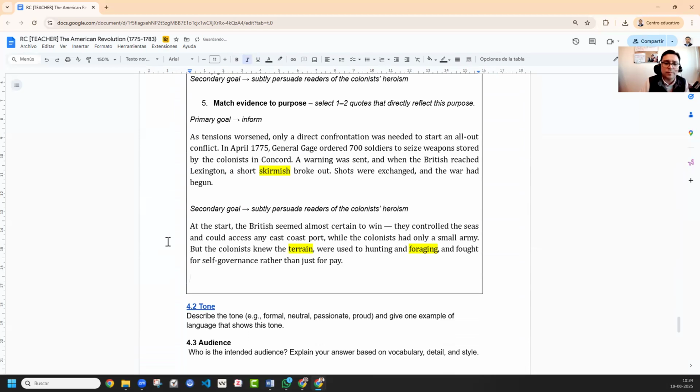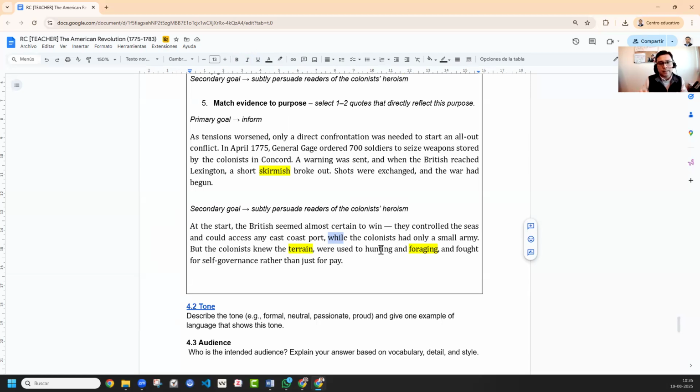At the start, the British seemed almost certain to win. They controlled the seas and could access any East Coast port. So they're showing us the magnitude of the British Army, of this superpower. Remember that "while" is used for contrast: while the colonists had only a small army.